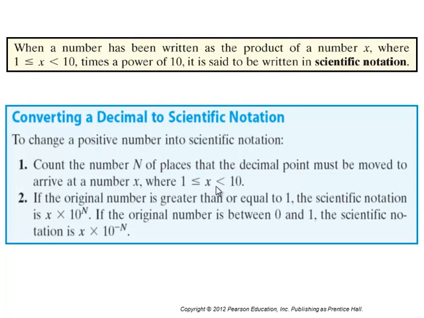Now, if the number that you're trying to write in scientific notation is larger than 1, then your number will look like some number times 10 raised to a positive power. But if the number is smaller than 1, then you're going to have a negative exponent on the 10.